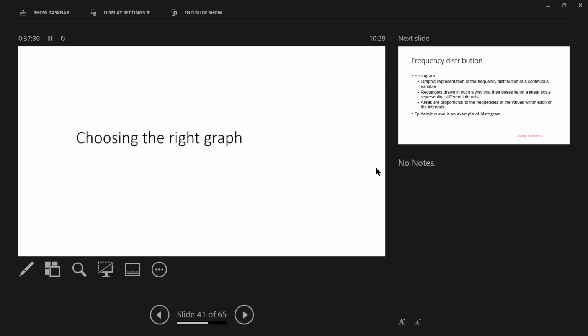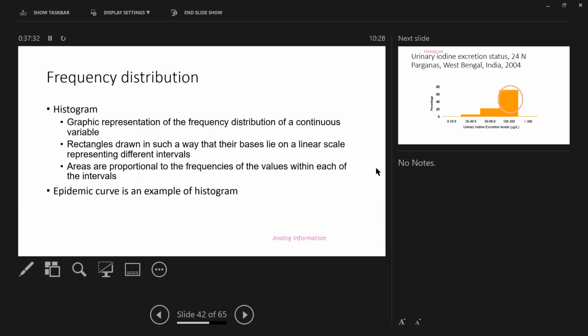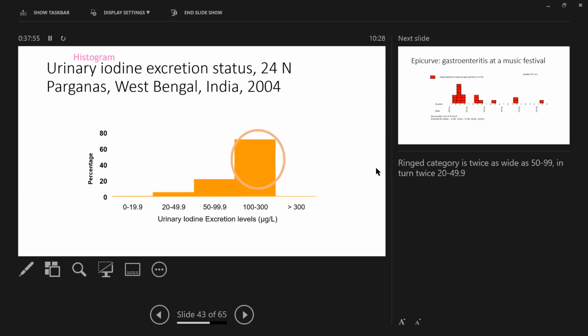There are different kinds of graphs. If you want people to focus on frequency distribution, how often you see something in different groups, then a histogram or bar chart is a good graph, and the height and the width of the bars represent the frequency. So here's an example.